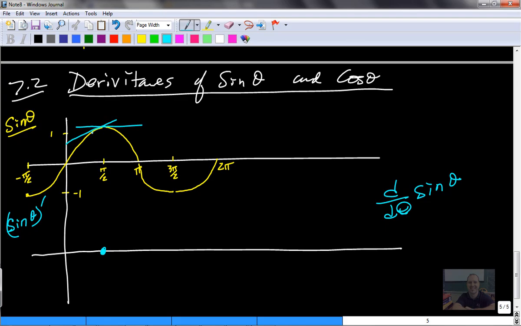And would it be positive what? 1, 2, 3, 4? Well, if we think about it, a 45 degree angle here would be 1.